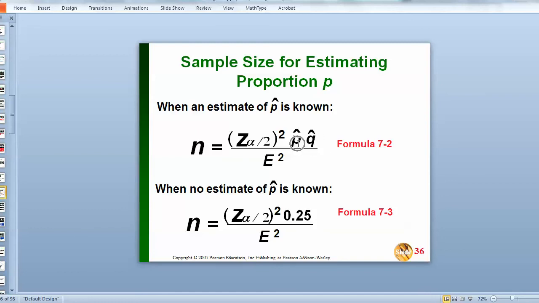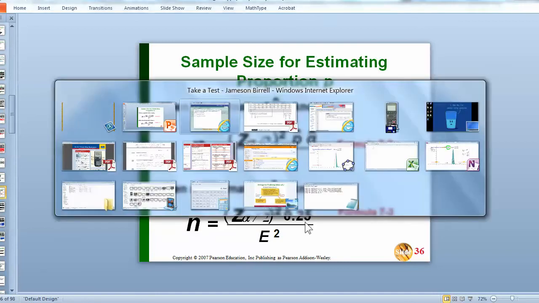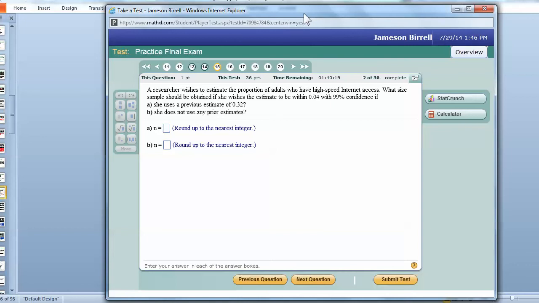If this one was 0.5 and that one was 0.5, 50-50, right down the middle, that's the maximum product that we could get, 25 hundredths. 5 tenths times 5 tenths. So that's what we're going to do. We're going to do both of these calculations.